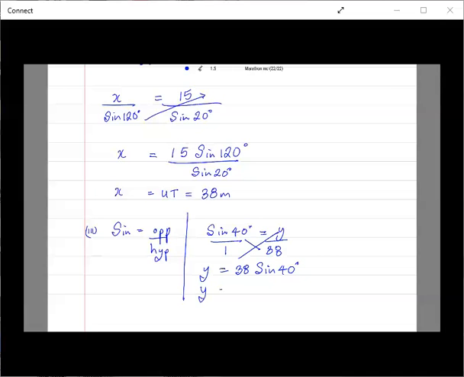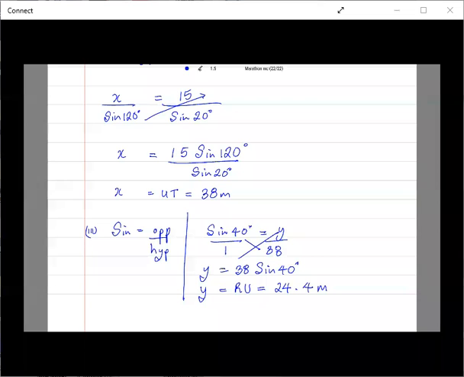So y, which is RU, is equal to 38 sine 40. And this comes out to be 24.4 meters.